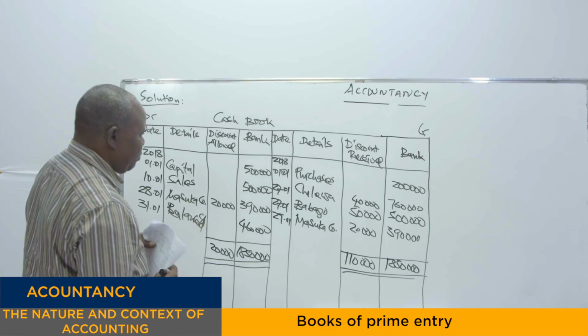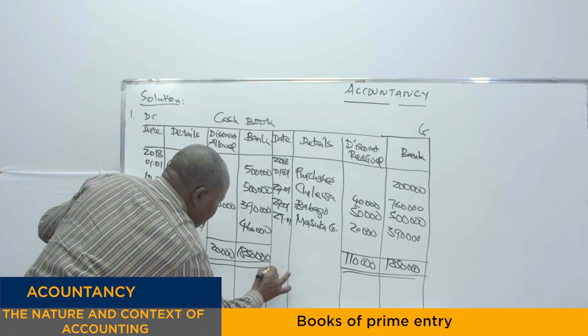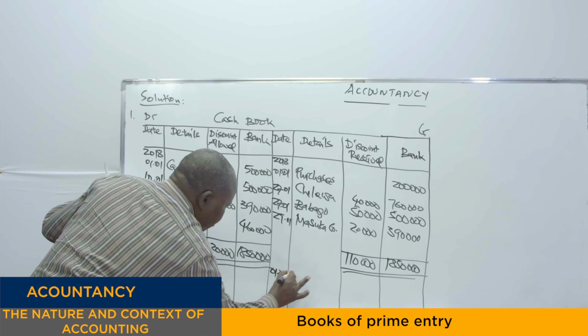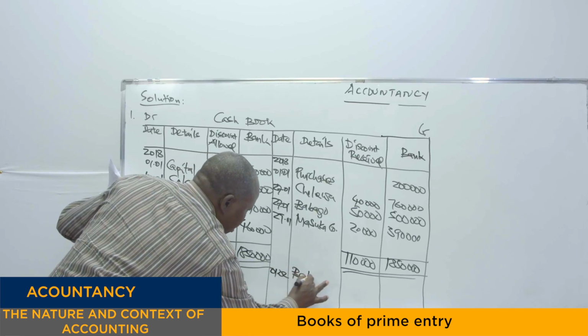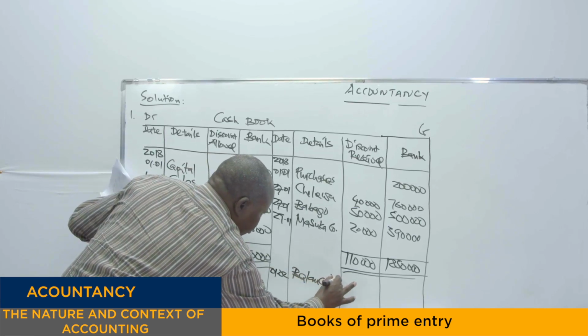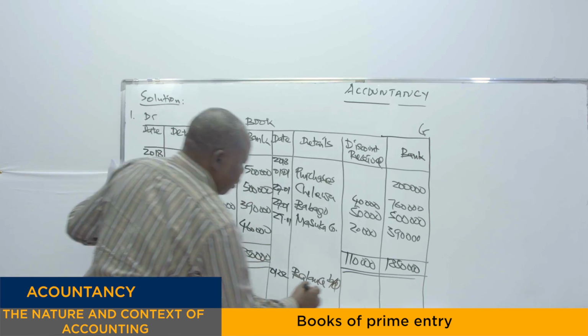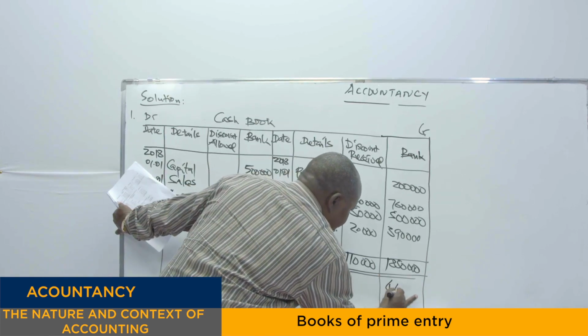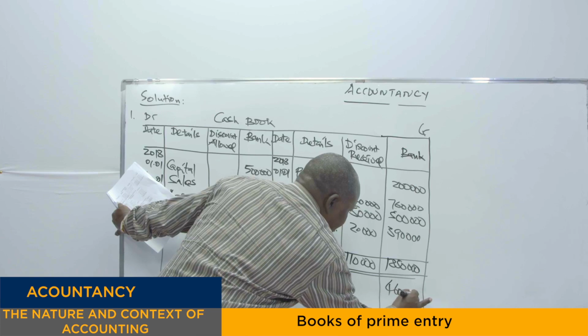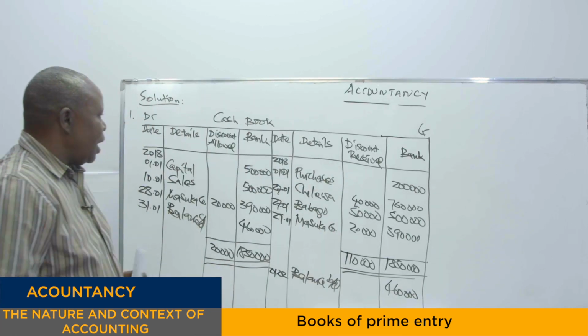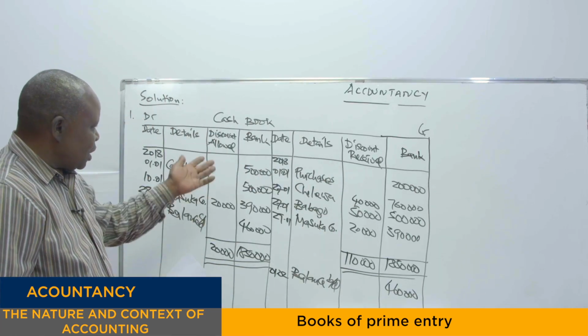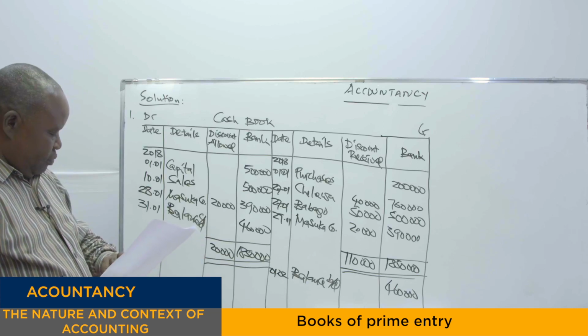And this is February now. 1st of February, balance brought down. It's this overdraft of 460,000. So this is our cash book and a special bank column.